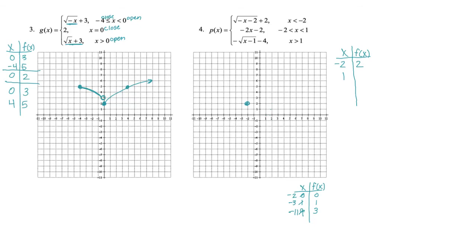We are bumping those up too, so then that's going to be a 2, a 3, and a 5. So we have (-2, 2). We have that point. We need (-3, 3). That would be another good point. So (-3, 3), and (-11, 5).